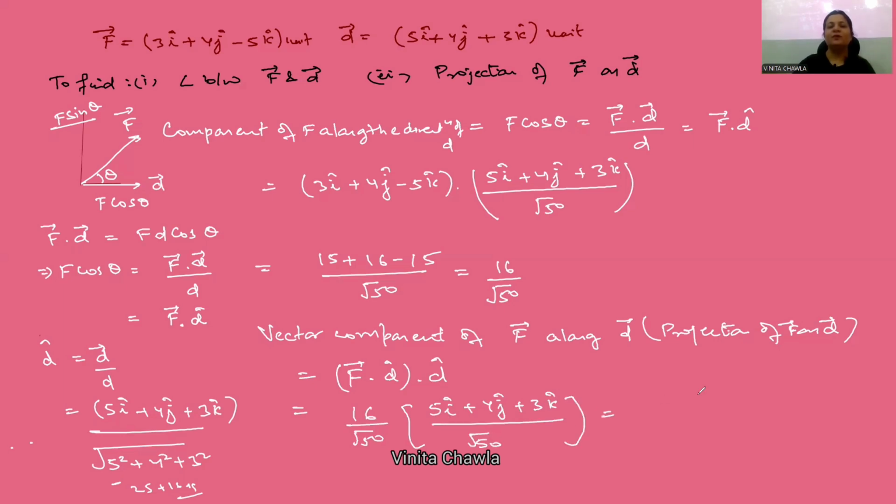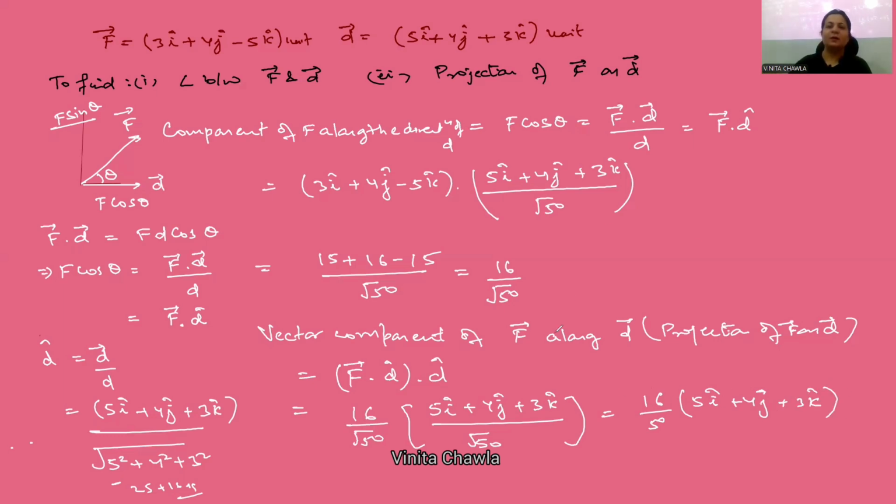So root 50 times root 50 is 50, so it's 16 by 50, and here we have 5i cap plus 4j cap plus 3k cap.